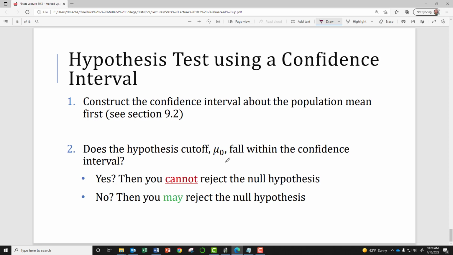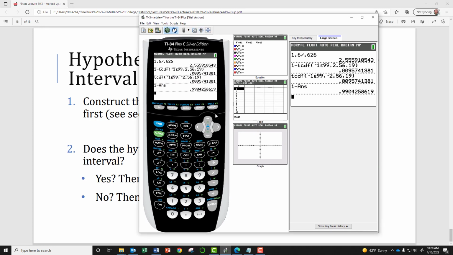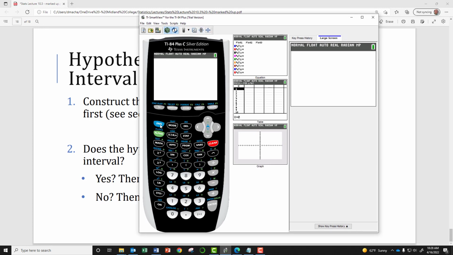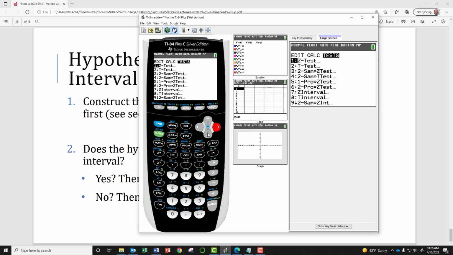Okay, I didn't include a slide, but the last thing I'll point out here is that there is a shortcut on your TI-84 for performing this type of hypothesis test. So we're going to click the stat button. We're going to go right over to tests. This time, we're dealing with a t-test.